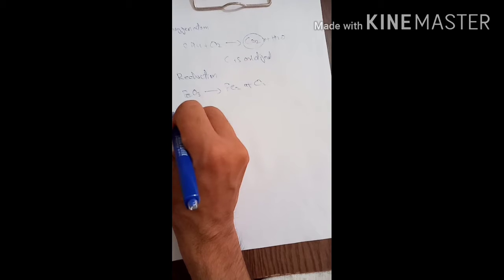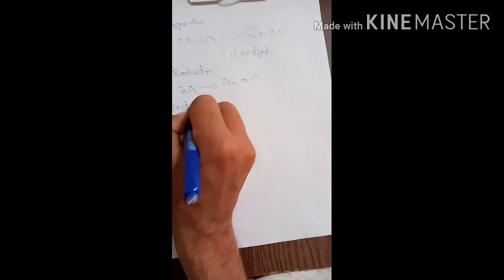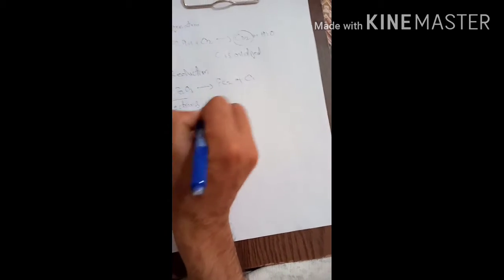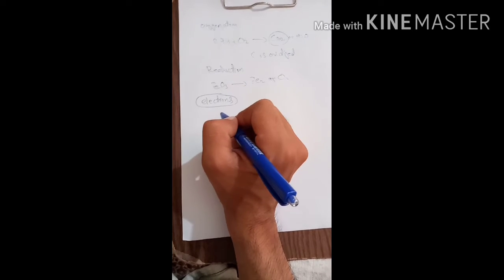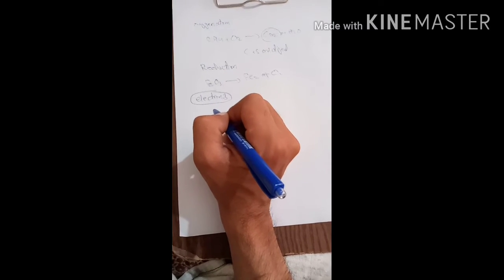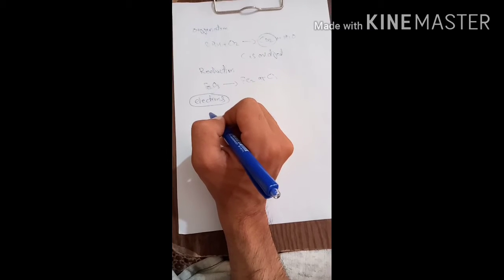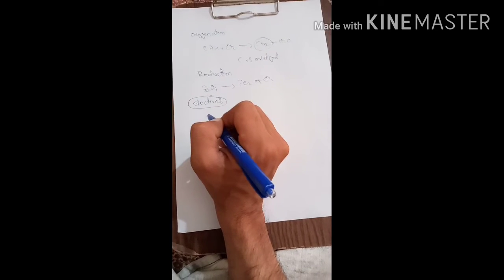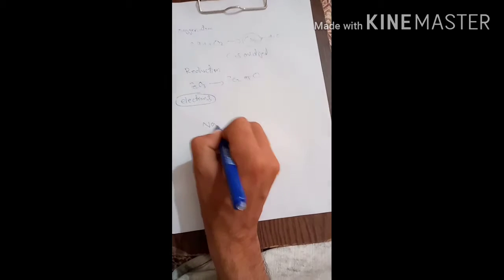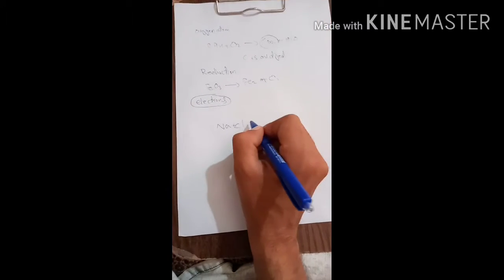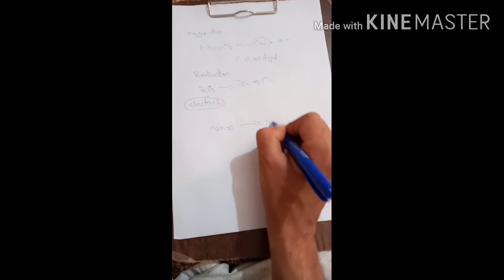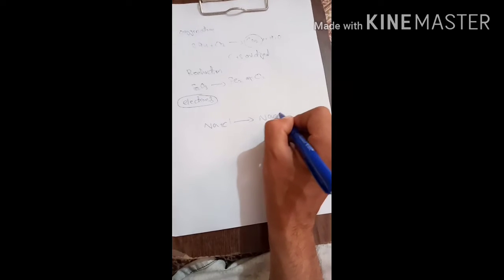Secondly, we define them on the basis of electrons. If an element loses electrons during the reaction, it is oxidized, and if an element gains electrons during the course of the reaction, it is reduced. Like when sodium reacts with chlorine, it forms Na and Cl.